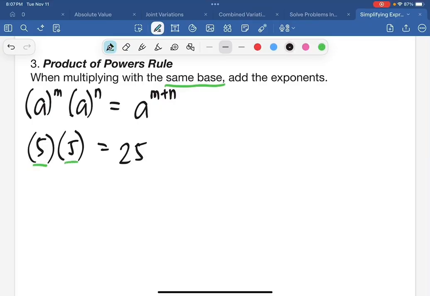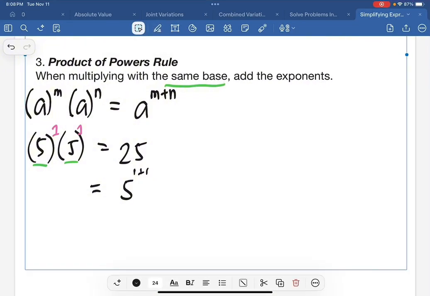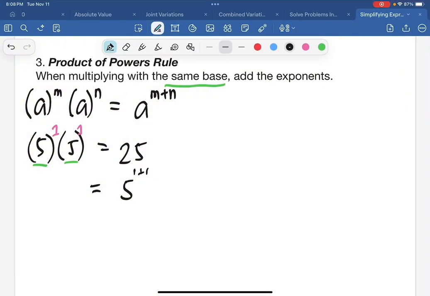So we copy the base, and then we have an invisible 1 and an invisible 1. So we have 1 plus 1, which is 2. That means 5 squared, and we're just going back to the final answer, which is 25.